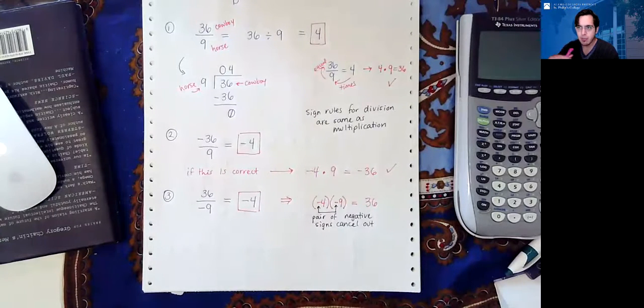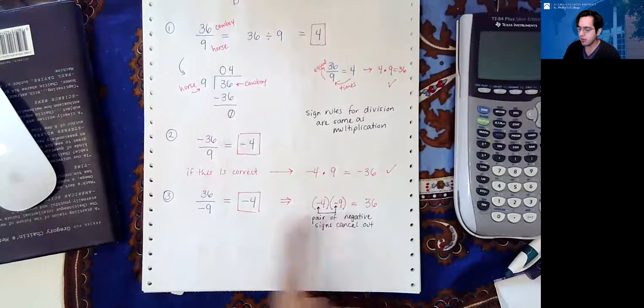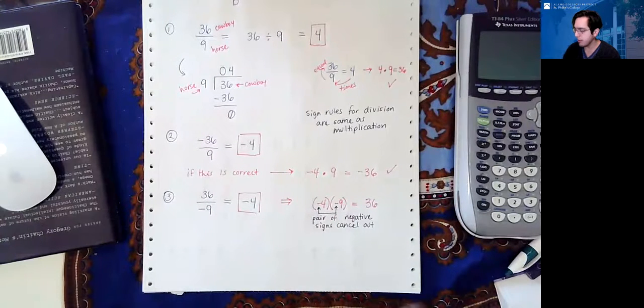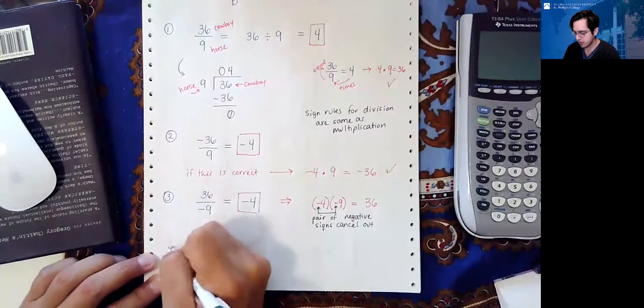And that's just a helpful reminder. But you should just remember that a negative times a negative should give us a positive. So if this is true, then we should have the correct answer for our division problem over here. Does anybody have any questions or comments here? Okay, moving on.